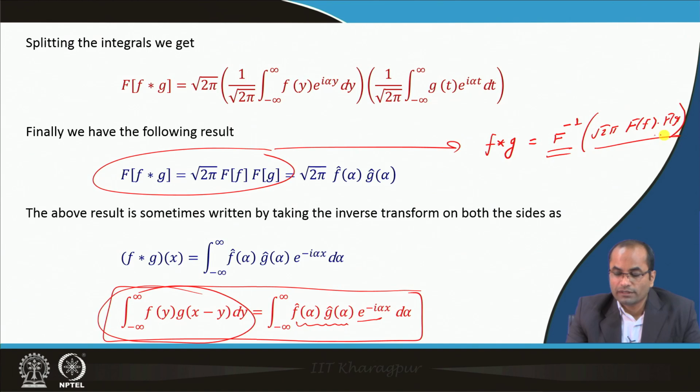If we take the inverse of this product of the Fourier transforms, we get back the convolution of these two functions.